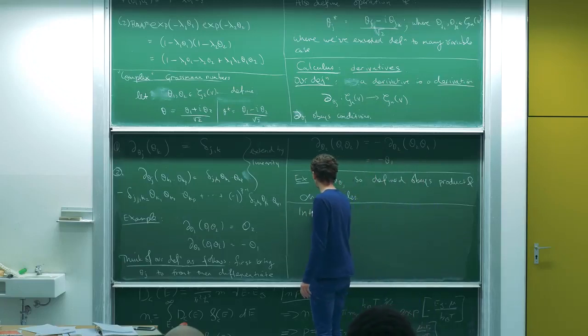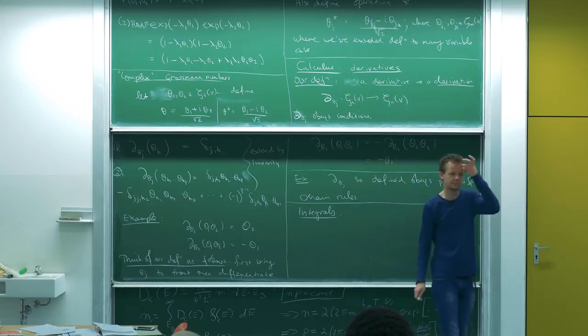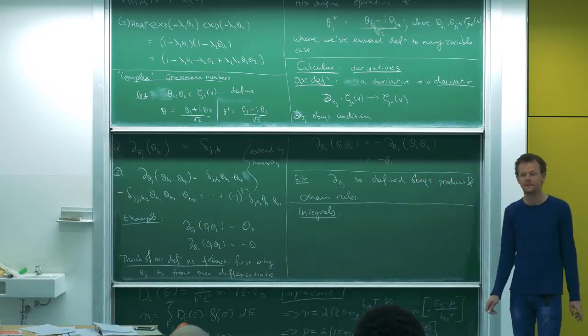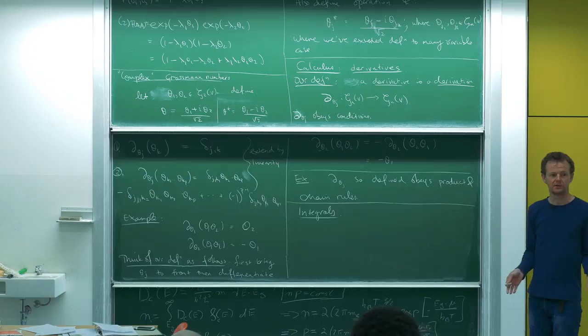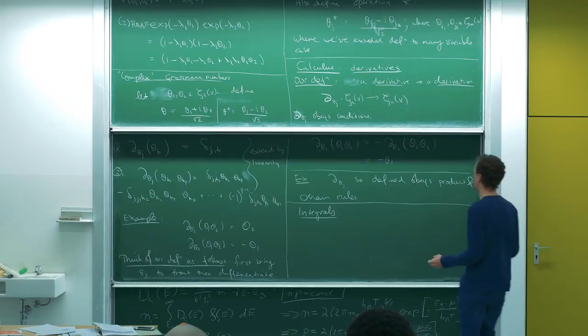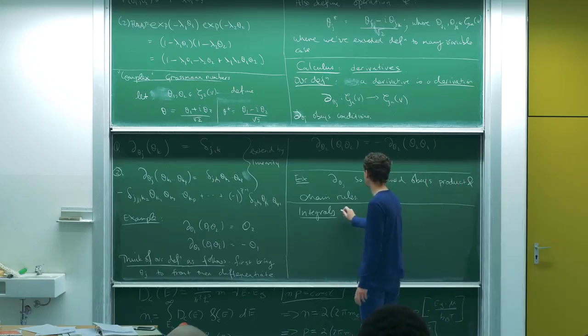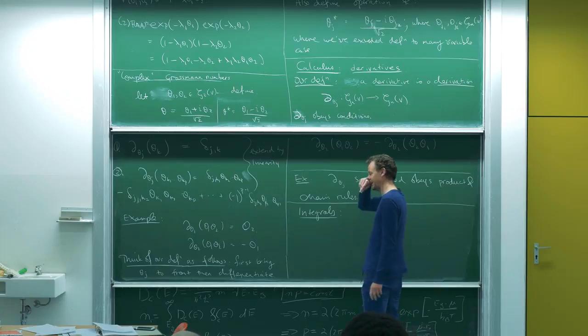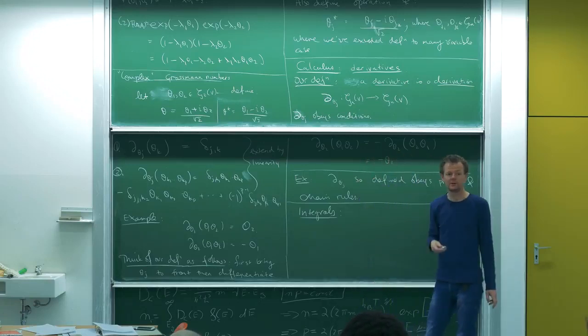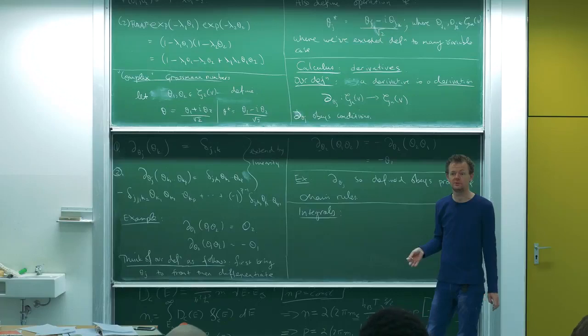All right, integrals. Again, we're going to define things by analogy. Integrals, what are they? They must be some kind of function that takes some Grassmann numbers and gives you some numbers.